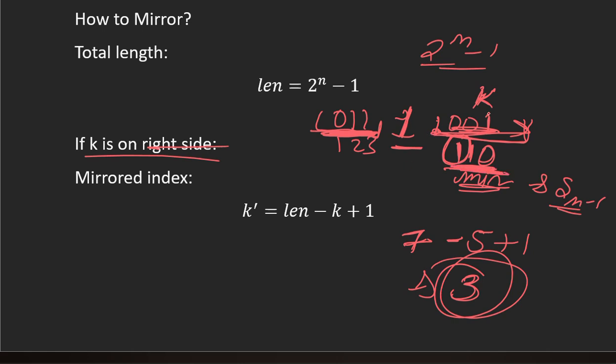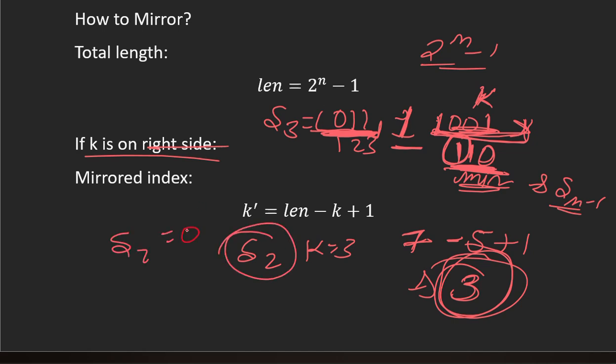And one more thing is, now we are in the right half. So suppose this is S3, now our k has been updated to 3, then we find k equal to 3 in the S2 string, and the S2 string is 0 1 1, and at k equal to 3 we have 1, right?